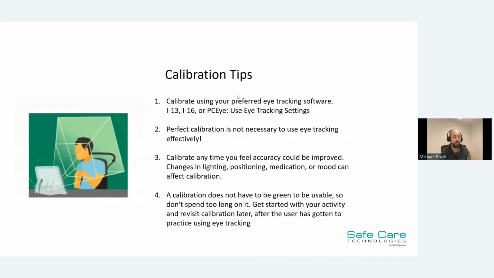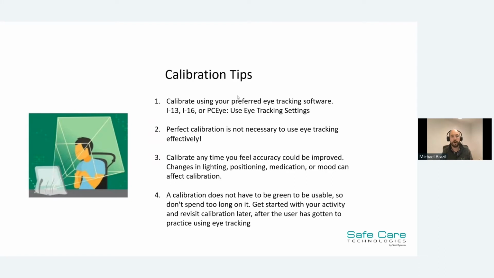Just some tips now in relation to calibration. The software I'm going to talk about today is the eye tracking settings software, and that's available on the i13, the i16, or the PCI. As I mentioned, there's the TD Pilot that has Copilot. That's the eye tracking settings on that. It's slightly different, but also has a lot of similarities.